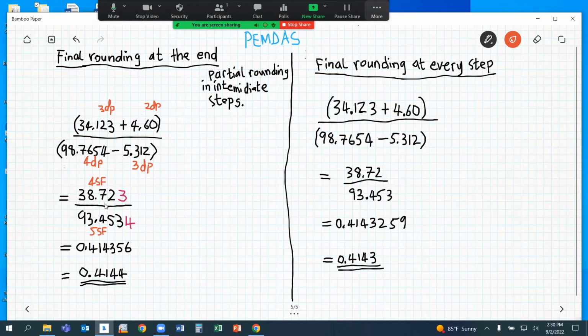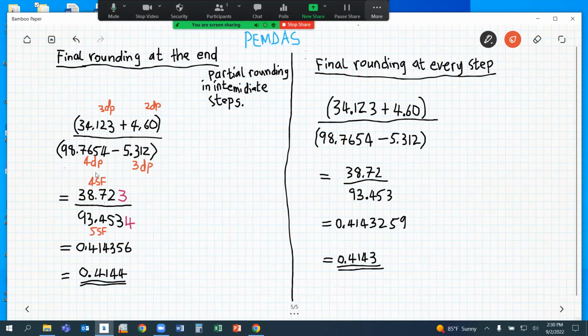So go ahead now, enter 38.723, not 38.72, divided by 93.4534. In our calculator, it's going to give us 0.414356 and so on.